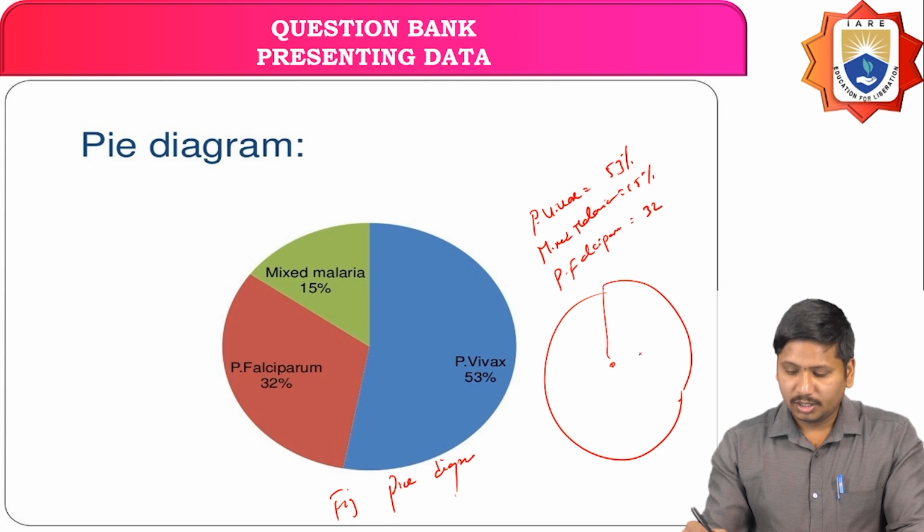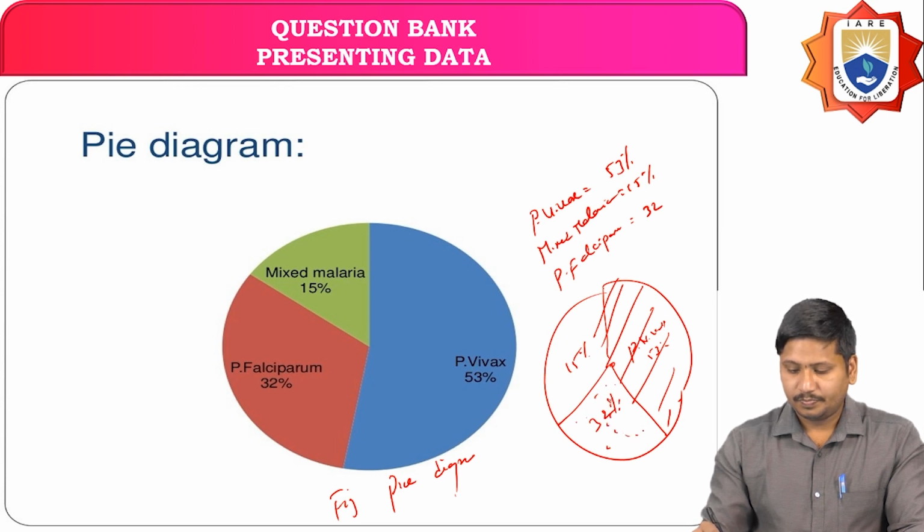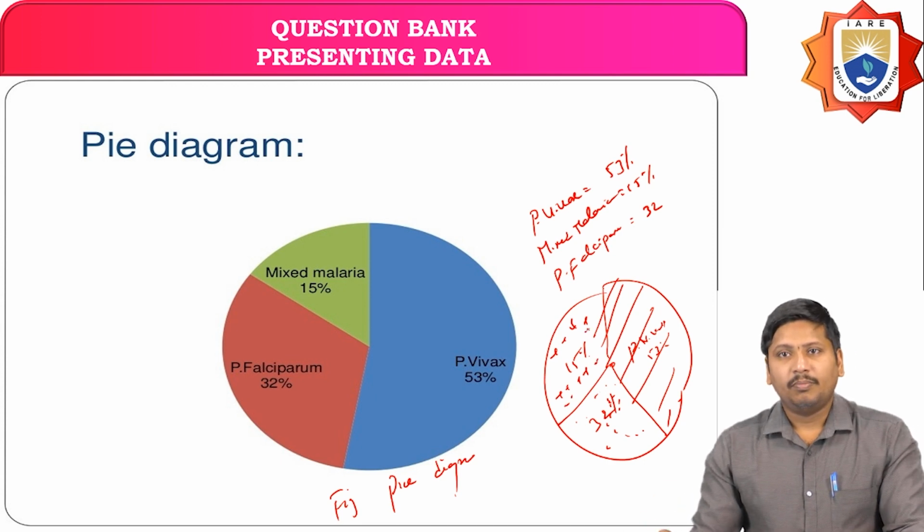I have to construct the 53% segment, then the 32% and 15%. So this circle is divided into different segments. This is the way of constructing a pie diagram.